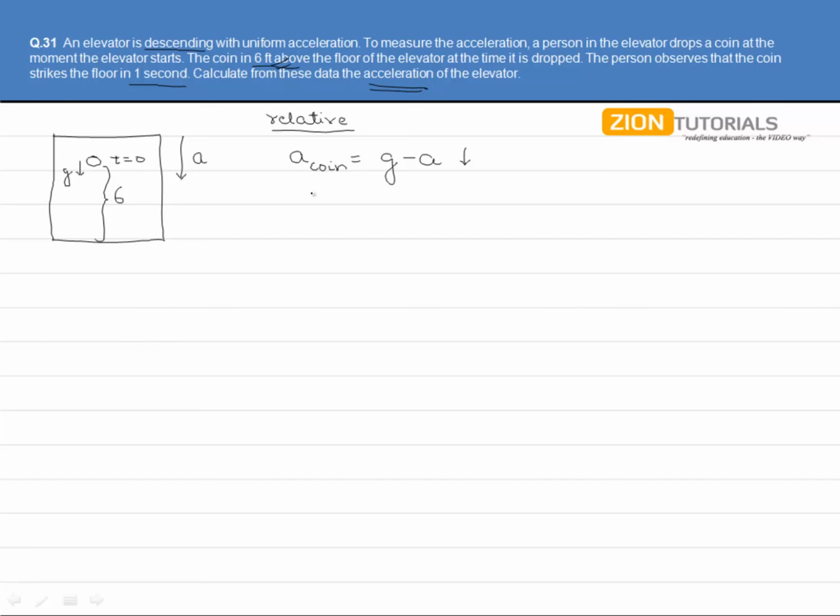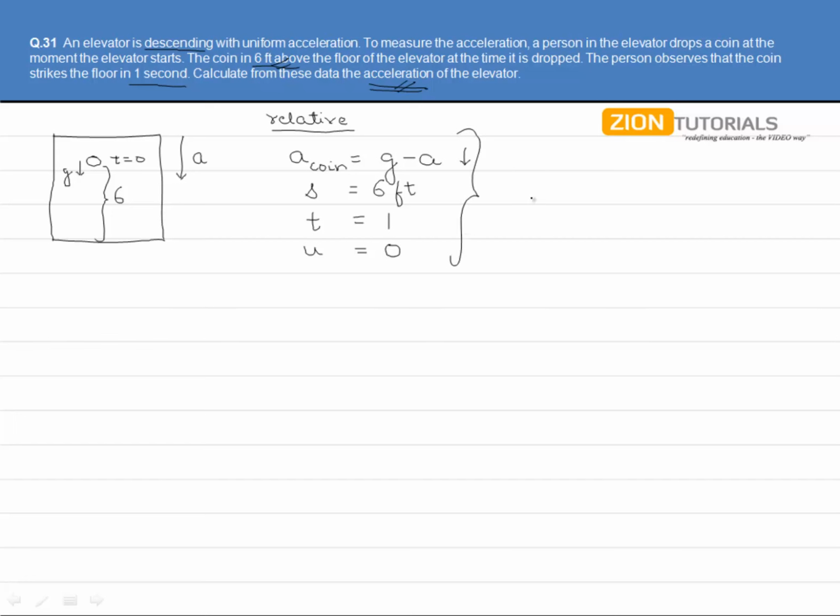Also, we have the relative displacement or the distance as 6 feet, and we need to find out the acceleration of the elevator, that is a, where we have been given the time equals 1 second, and the relative initial velocity is obviously 0 because both were at rest.